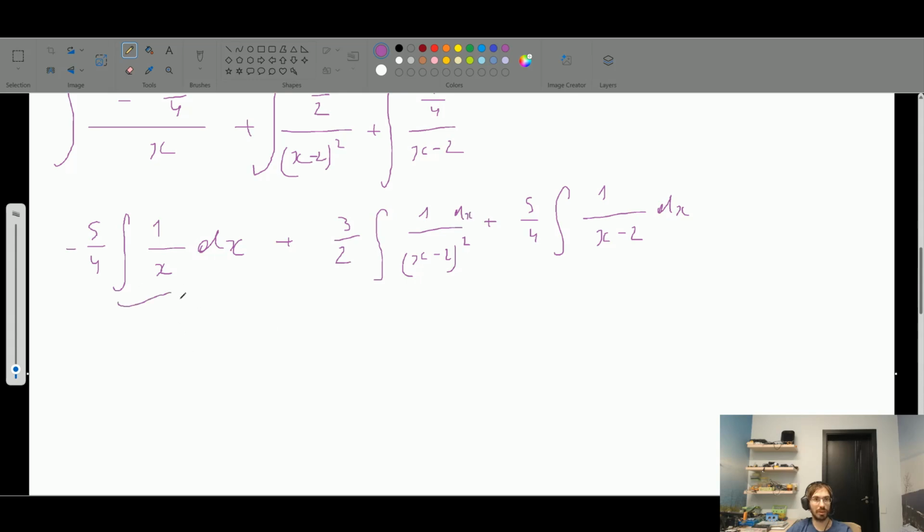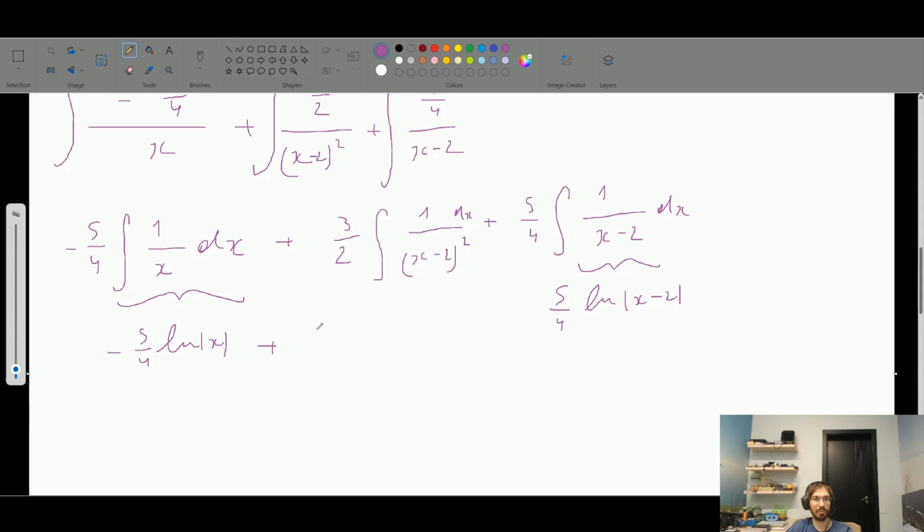So now what is what? The first integral is just ln modulus x, because we have learned during lecture 2 that it is ln. The third integral on top is the derivative of the bottom, so it will be just ln modulus of x minus 2. Of course, coefficients in front go with the result.